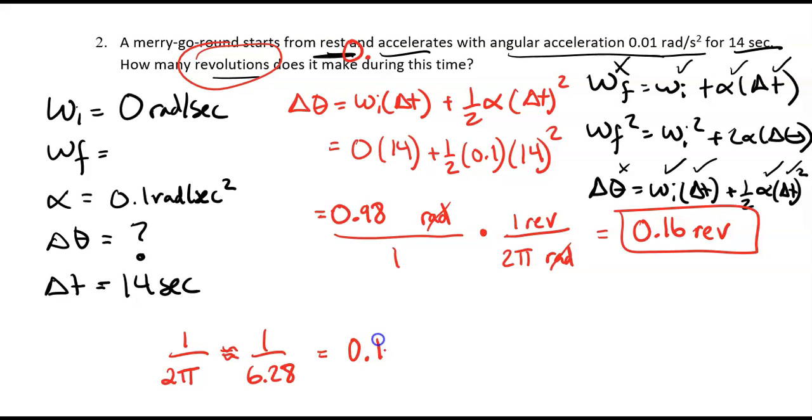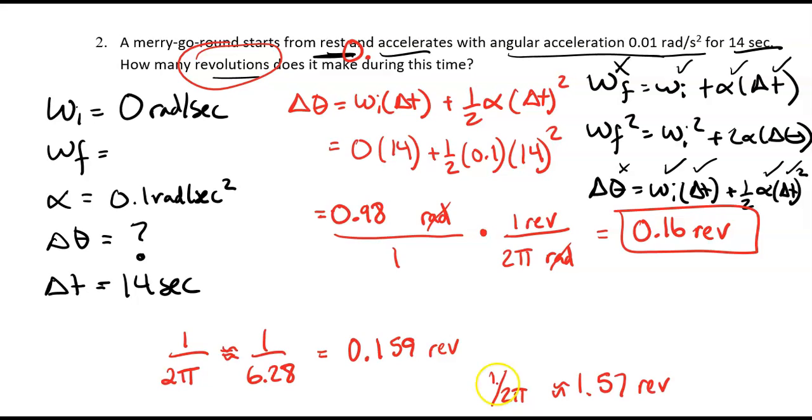I got 0.159, excuse me. So it would be 0.159 revolutions. A lot of people, I bet, when they plug this in, they get 1.57 revolutions, which, does that make sense? No, that does not make sense. Our answer should be less than 1.